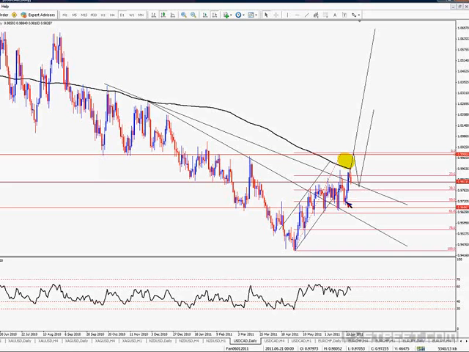But if we start making lower lows, that means the bulls have failed to push the market above parity, and we could then look for the market to first retest this inverted head and shoulders neckline at around 0.9680. That would be your short-term bearish outlook from these levels. Then below that, you could look for these lows, 0.9445.